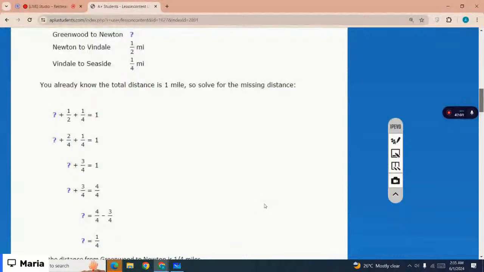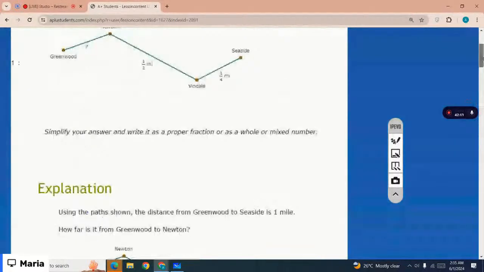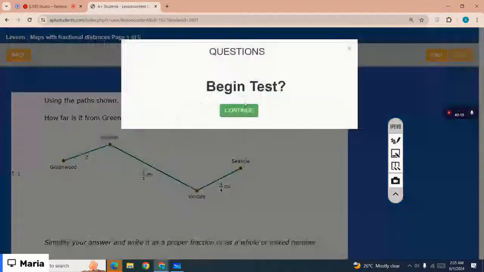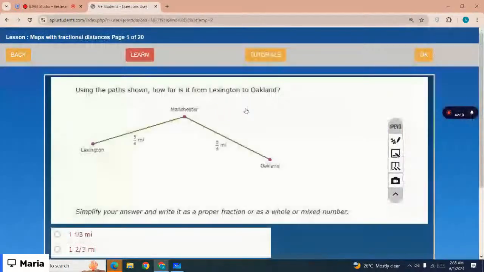Let's just start with the test questions. Okay, use the path shown from the Lexington to Oakland.